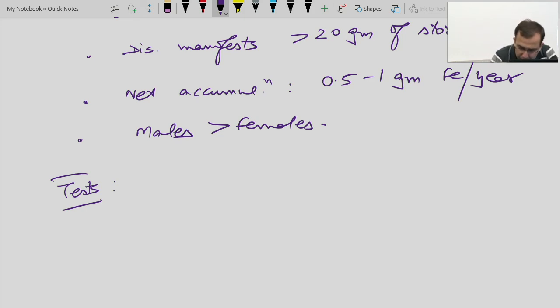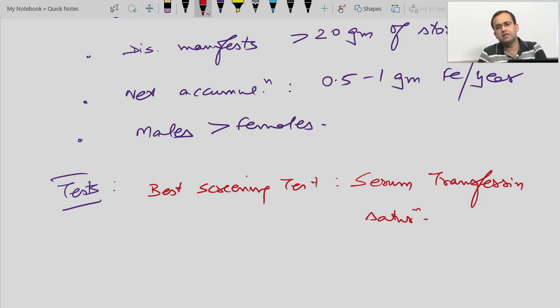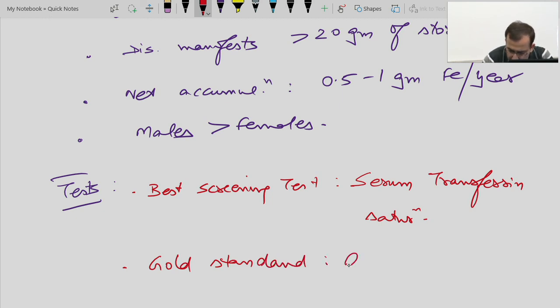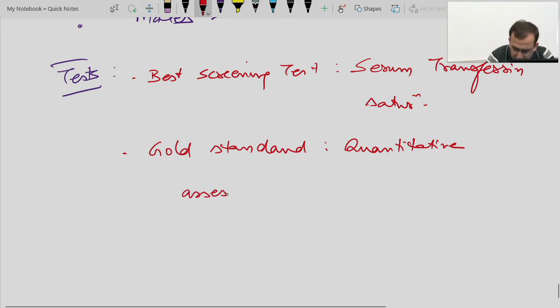Next, the tests for hemosiderosis. The best screening test is serum transferrin saturation, because transferrin saturation increases with increased iron. The diagnostic gold standard is quantitative assessment of tissue iron.